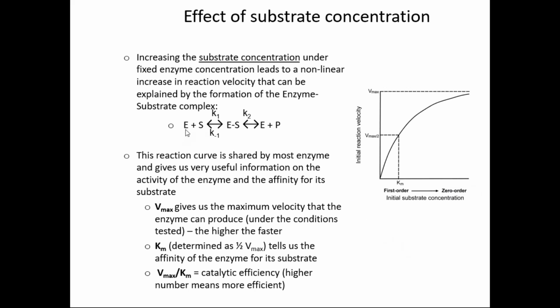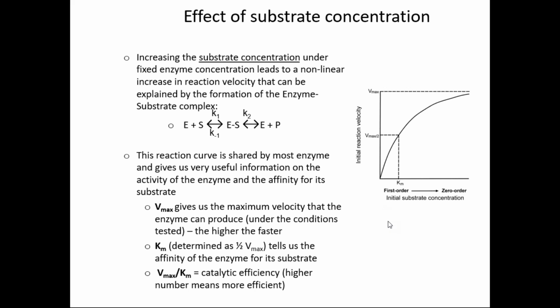So if you have an enzyme which reacts with a substrate to give you an enzyme substrate complex, the forward reaction is governed by a rate constant K1, the enzyme substrate complex is broken down into the enzyme and product by a rate constant K2, and the reverse reaction is by K minus 1.